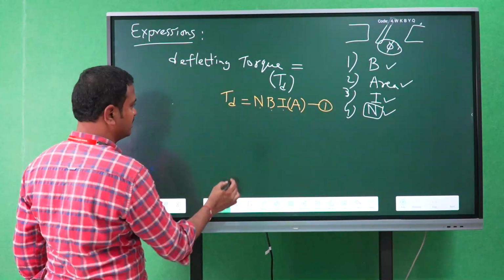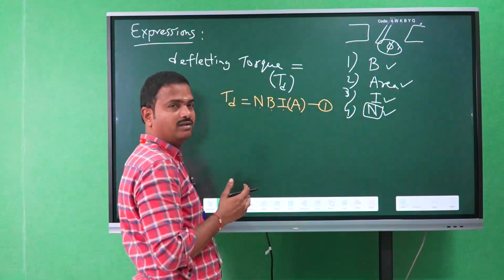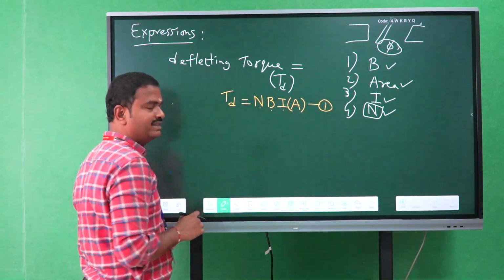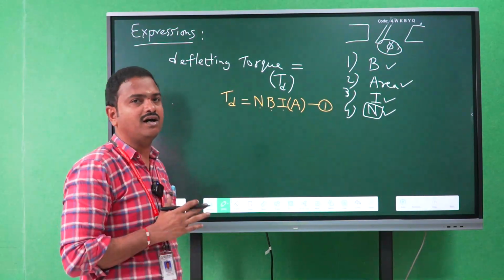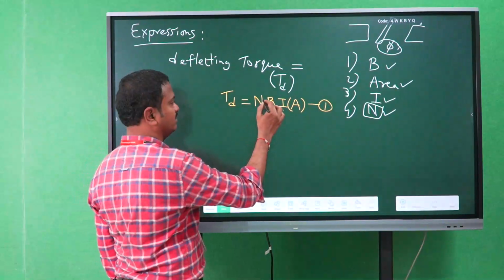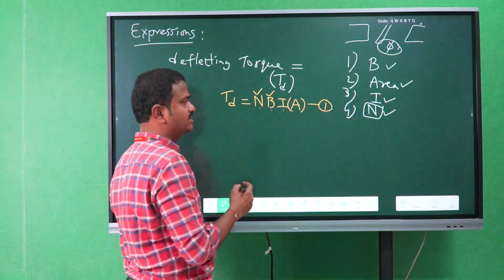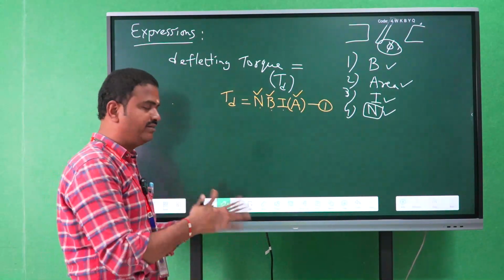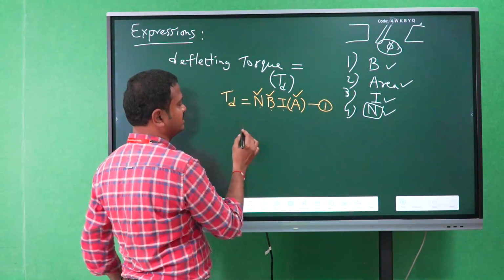In this the constant values, that means number of turns are constant. Once we are winding on the former, it is fixed, so N will be constant, and flux density, the capacity of the permanent magnets also always constant. So number of turns are constant, flux density is constant, and area of the coil also constant. We are not varying the coil inside the instrument, so these three are the constant values.